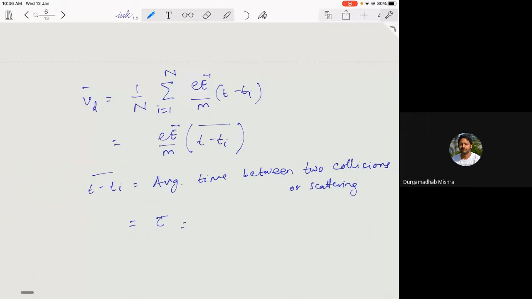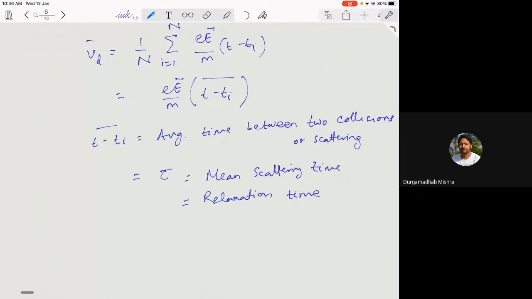Okay, so tau is known as the average time between two collisions, or sometimes the mean scattering time, or relaxation time. There are different names to it. So what does this tau represent? It represents the average time an electron takes from one collision to the next collision.